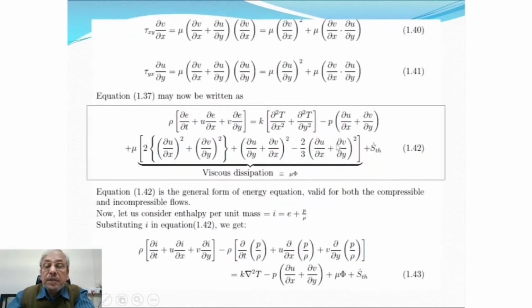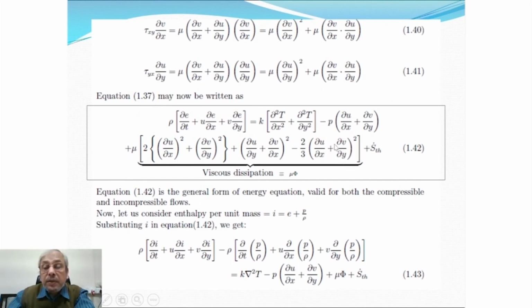But the meaning of viscous dissipation for incompressible flow is slightly different, because this term will not be there. Only these terms will be there. For compressible flow, viscous dissipation is this term, and the extension of this to 3 dimensions is also straightforward. In 3-dimensional compressible flows, this term will be (del u/del x plus del v/del y plus del w/del z) square.